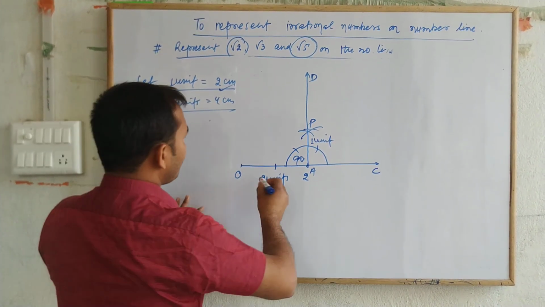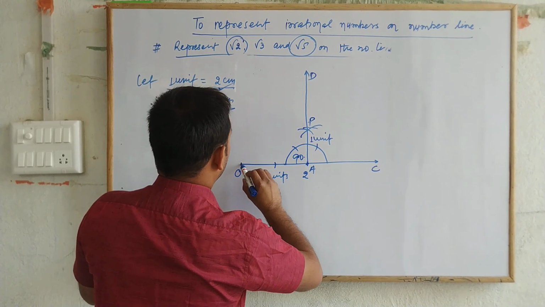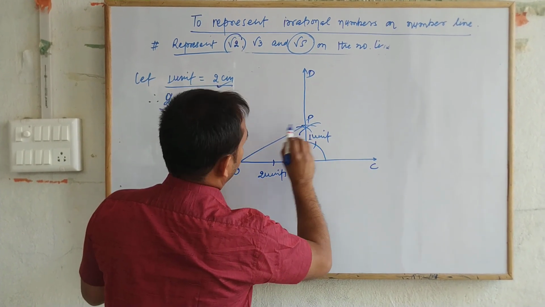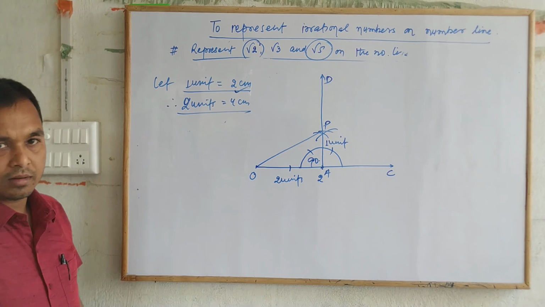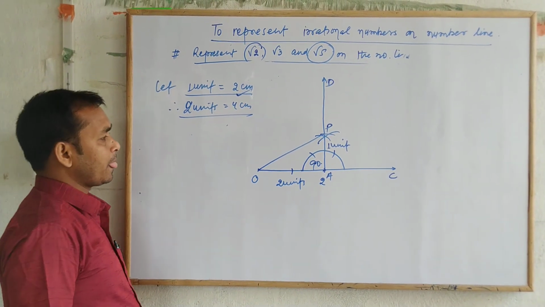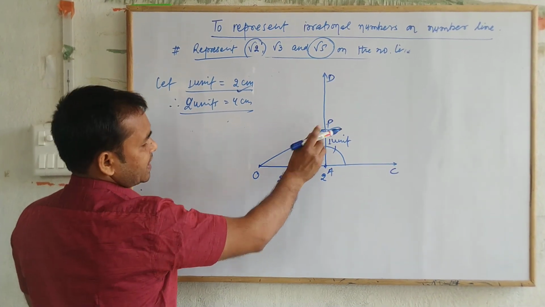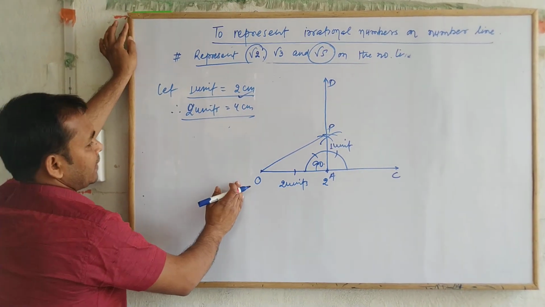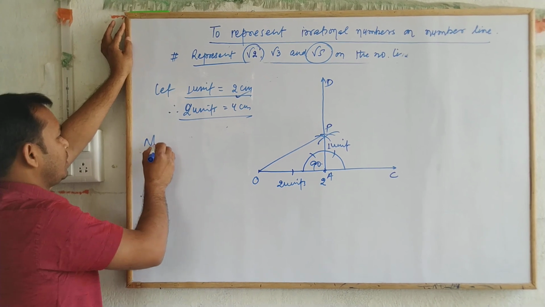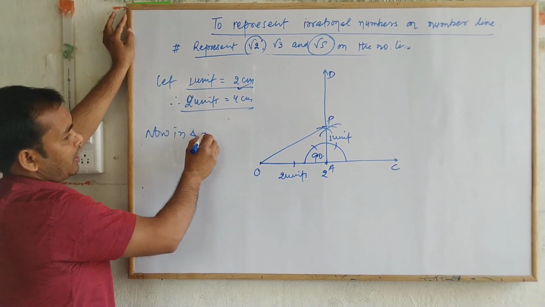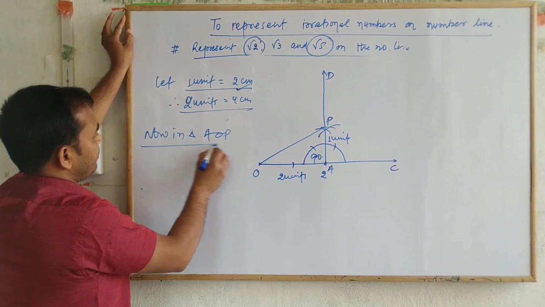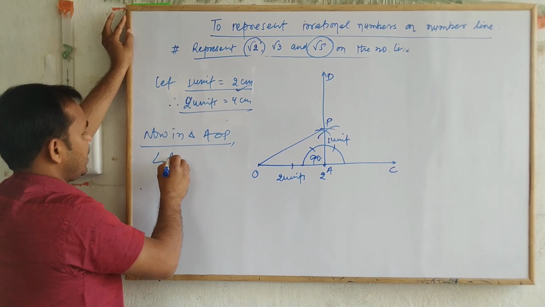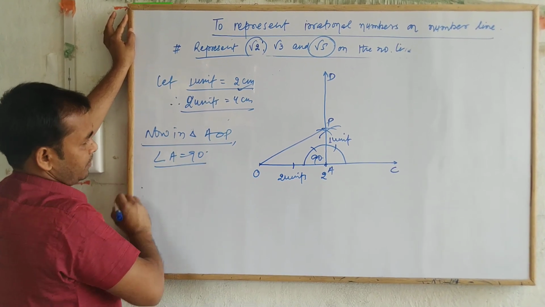Now join this point O to P with the help of scale and pencil. Now here you are looking at OAP. In triangle AOP, angle A is equal to 90 degree.